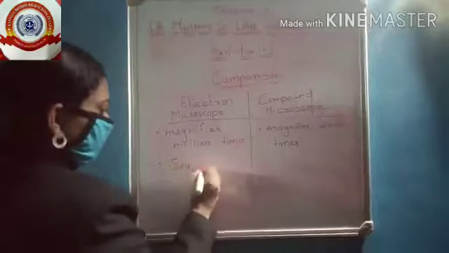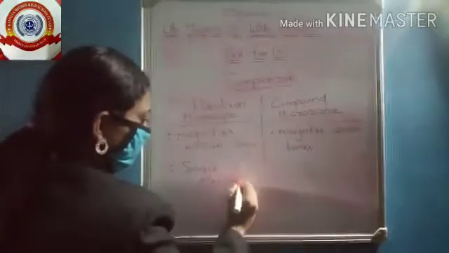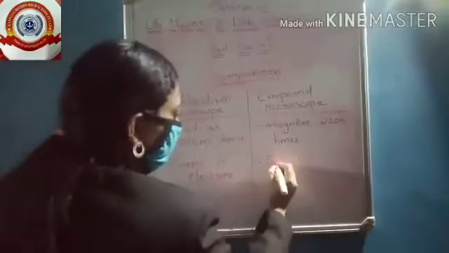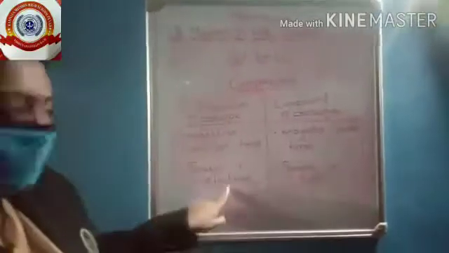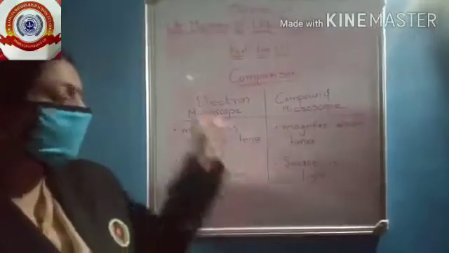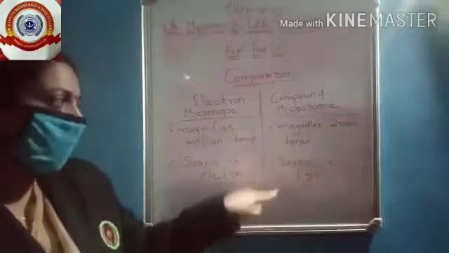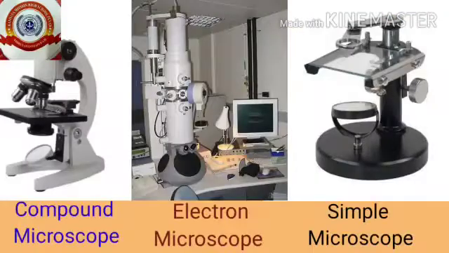The second one: in electron microscope, the source is electrons. In compound microscope, the source is light. This is a comparison between compound microscope and electron microscope. This is the picture of compound microscope, electron microscope and simple microscope.